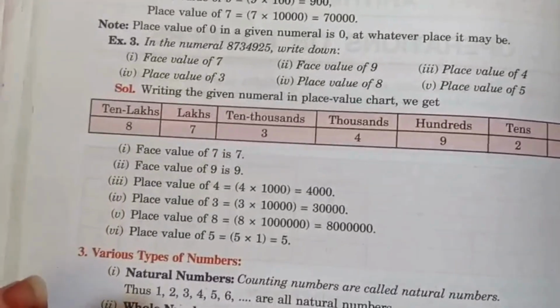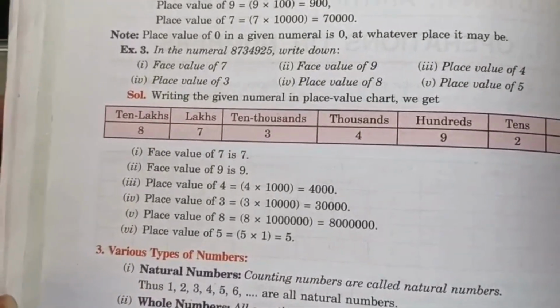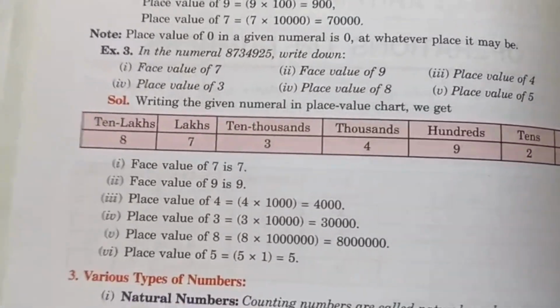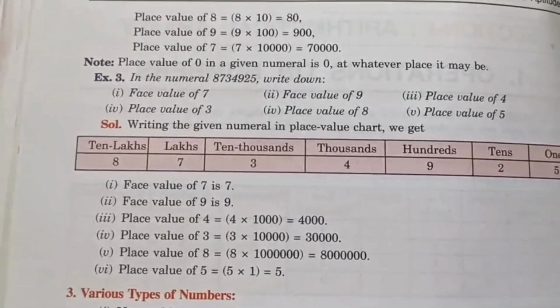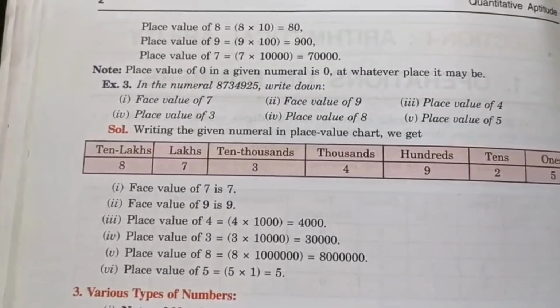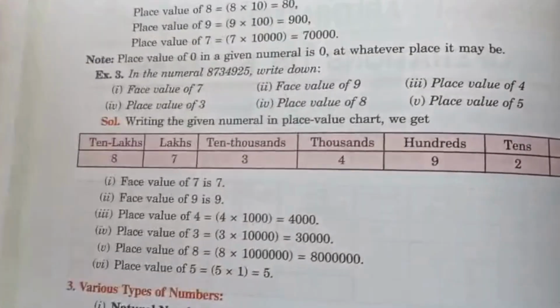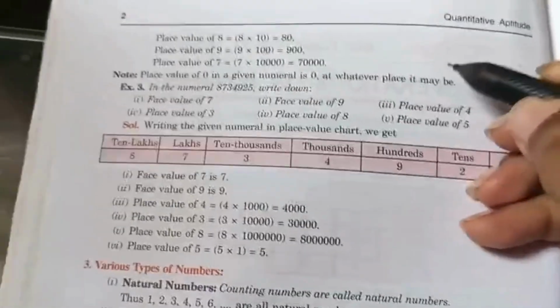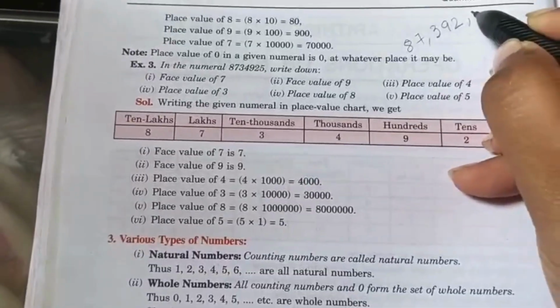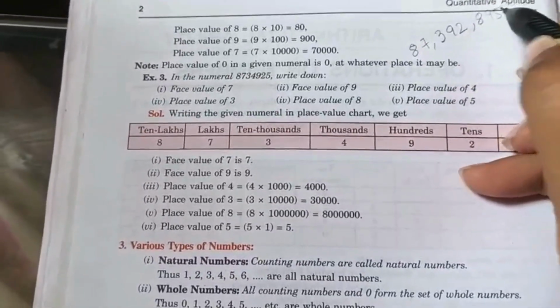So did you understand? The face value of a digit is simply the digit itself. It never changes no matter where the digit is placed. For example, take the number 87 lakhs 392 and 895, that is 87,392,895.